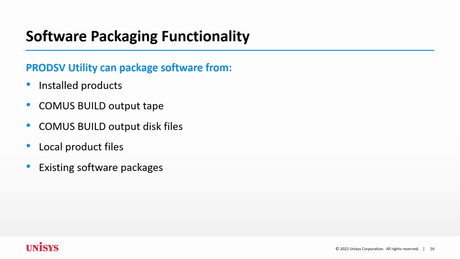Software packages can then in turn be installed using the Solar full screen interface, ProdLoad utility, or install package run stream. This functionality allows you to package software from a development or test system after it has been verified and install it on your production system.